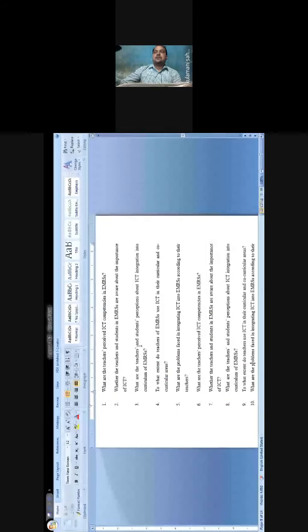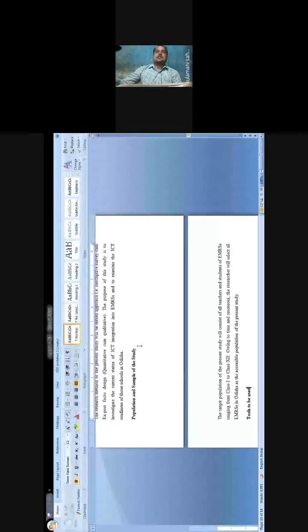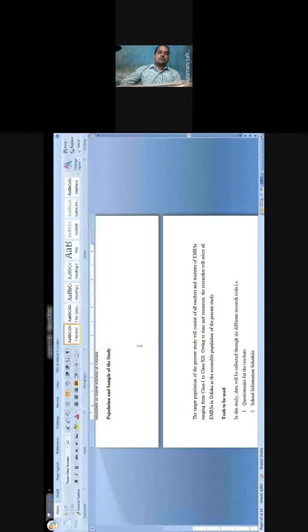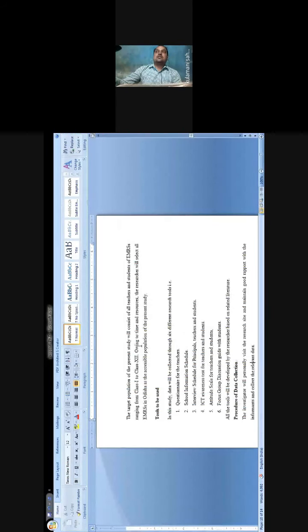Then the design of the study comes, then population and sample, then tools to be used. Tools and techniques to be used, which I have told you. So tools, now let's see, data will be collected through 6 different research tools.